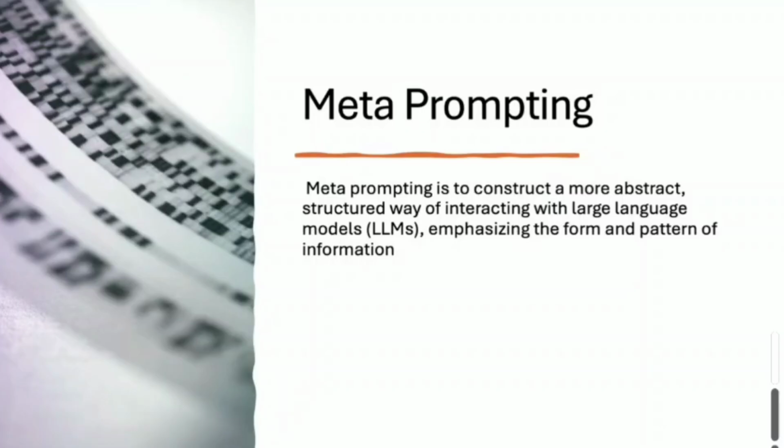So this is meta prompting. Now, obviously, when you use meta prompting, you save the tokens. Tokens are output tokens. As you know, GPT charges you by the token that it generates.